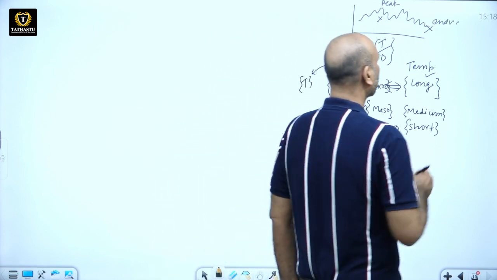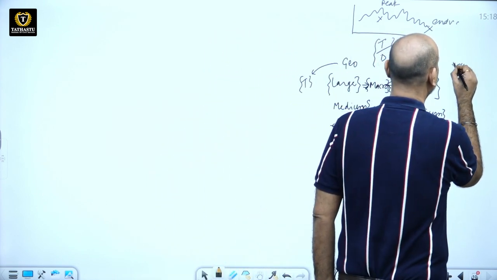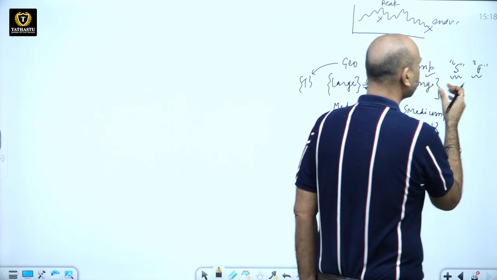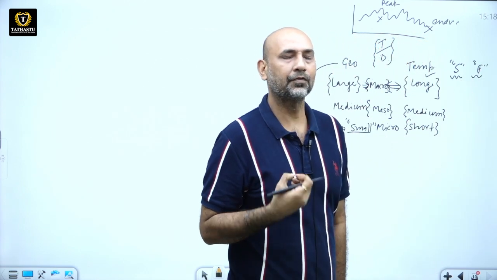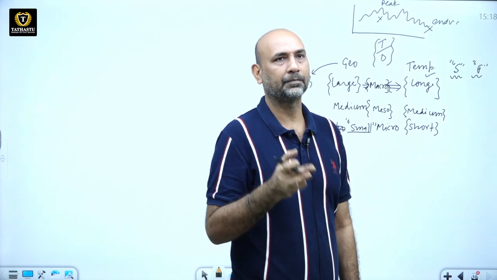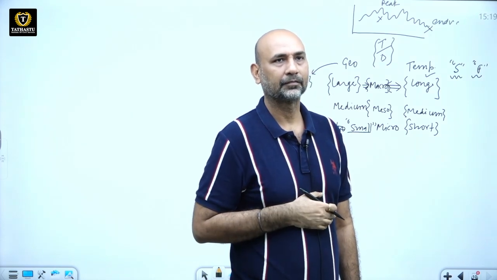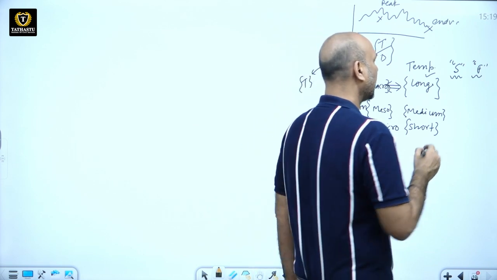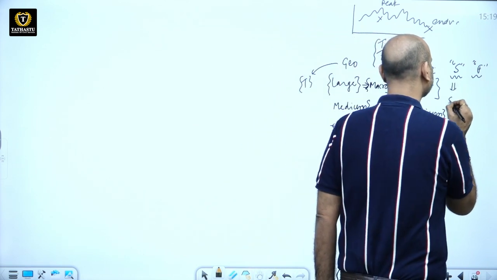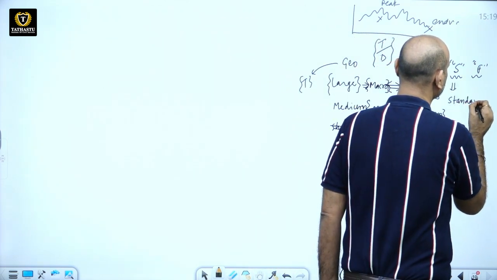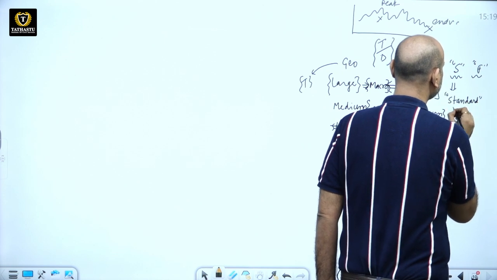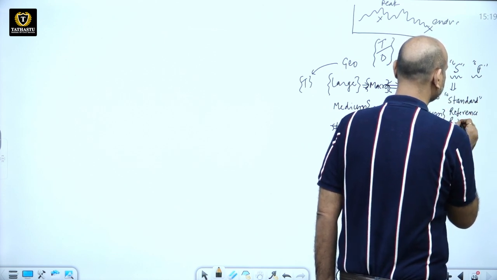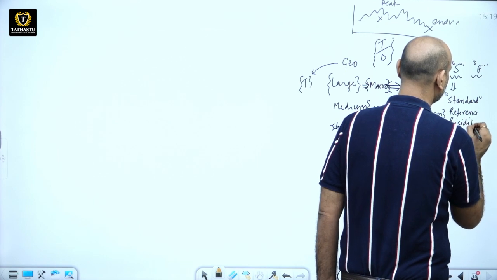Next, static and fluid. Static aspect of geography and fluid aspect of geography, both are important. That is why static provides us standard, reference, rigidity, structure.